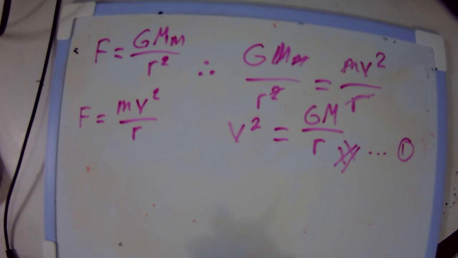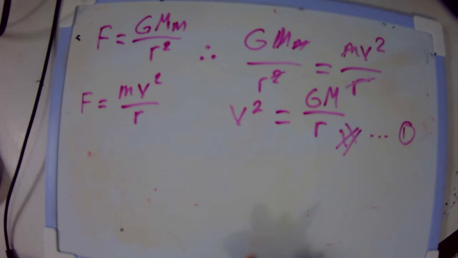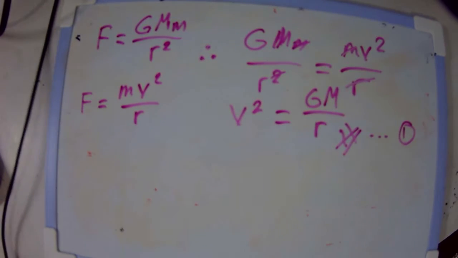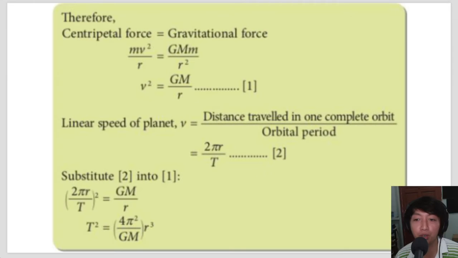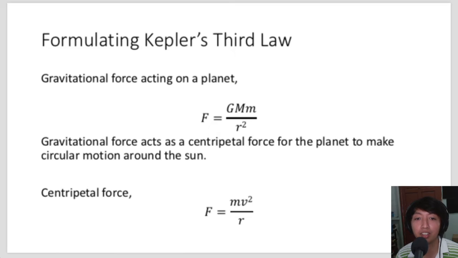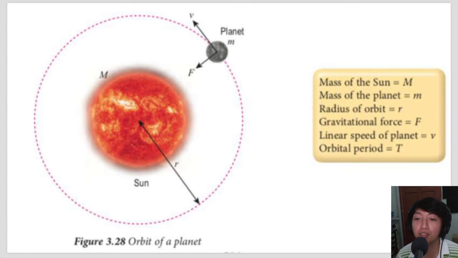The second step is to figure out the linear speed of the planet. How do we do that? We can figure out the speed of the planet by calculating the distance, which is the perimeter of the circle.